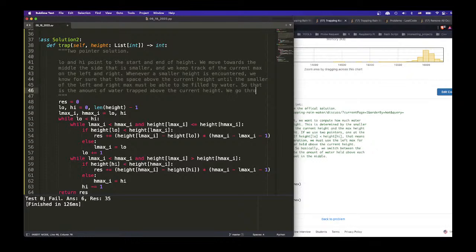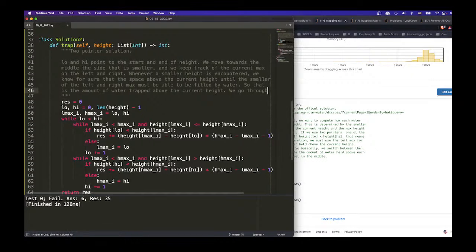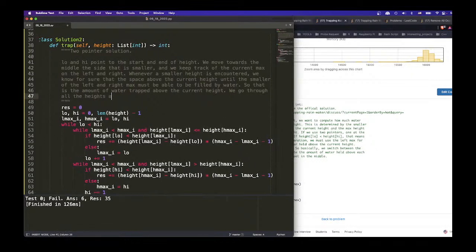And we go through all the heights and accumulate the trapped amount above the current height. So we do this, we don't even need this. I just need to have L max and I'll call H max.